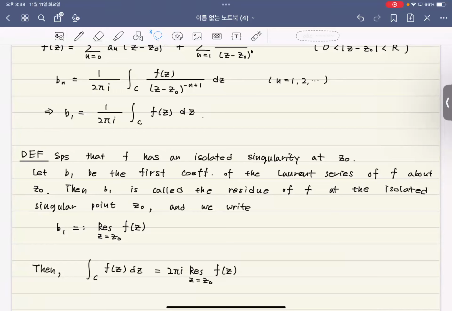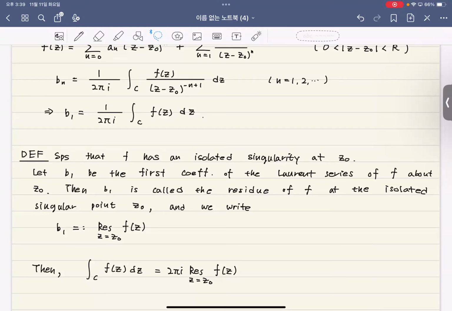In this case, we cannot say the negative power of this expansion is the principal part of this function f. Why? In order to be a principal part, you should always make sure that its inner radius equals 0, right? If the inner radius is not 0, then that cannot be called a principal part.